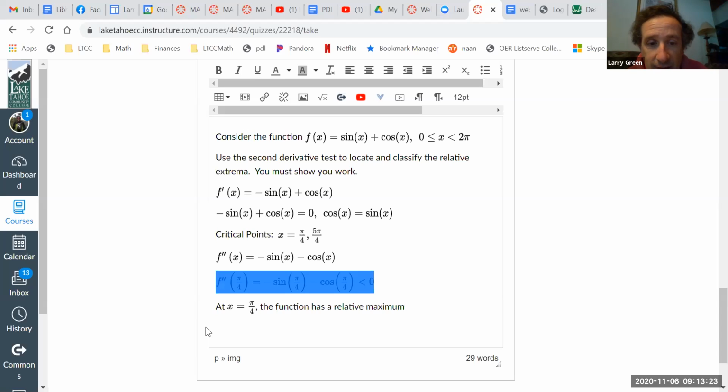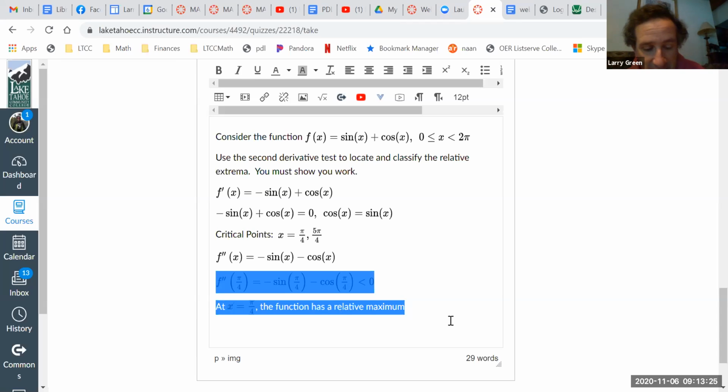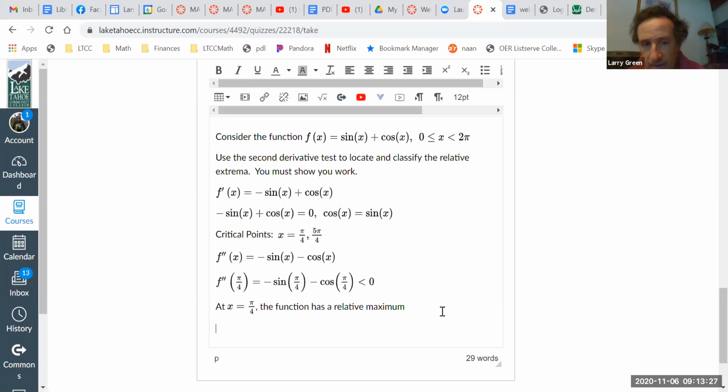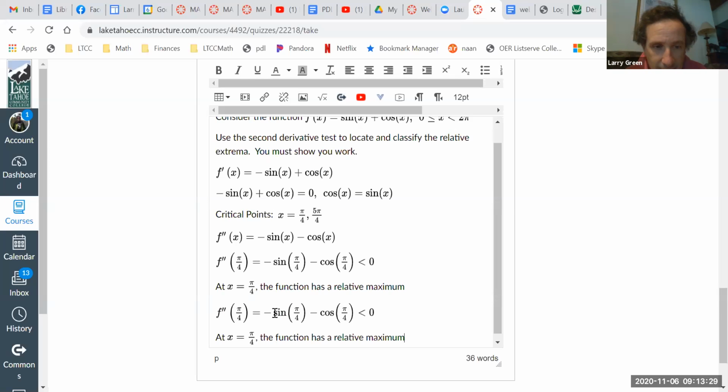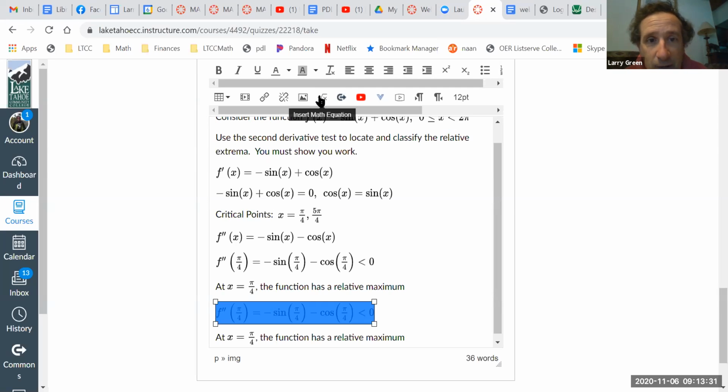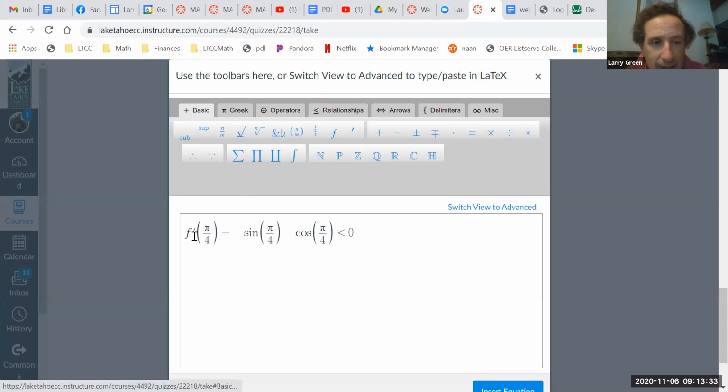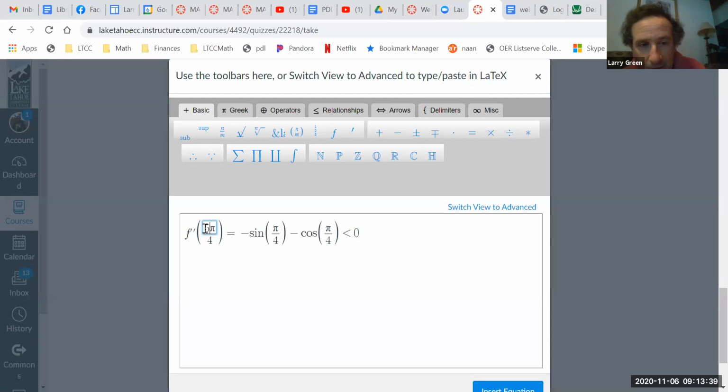Okay, now I do the same thing, and I'm going to copy and paste and change because it's a lot faster to type. So let's start out with f double prime of 5 pi over 4. I throw 5s everywhere. So now we're in quadrant 3.